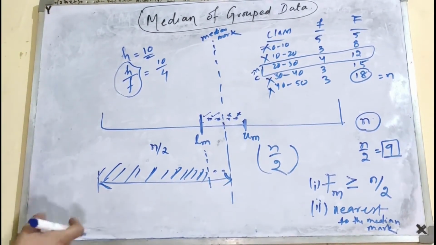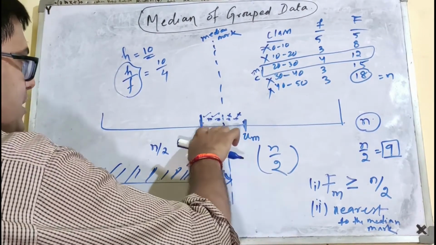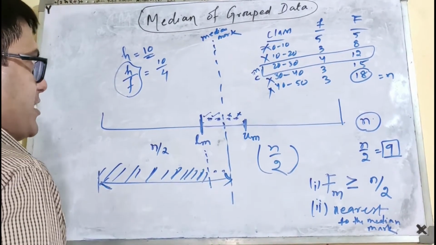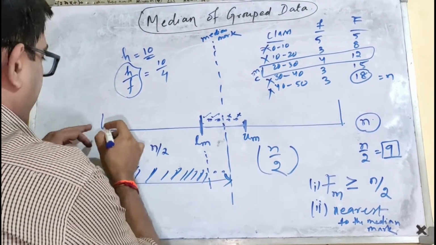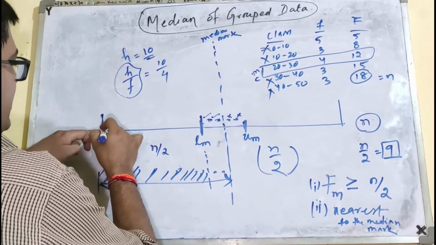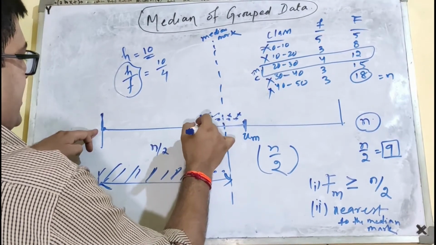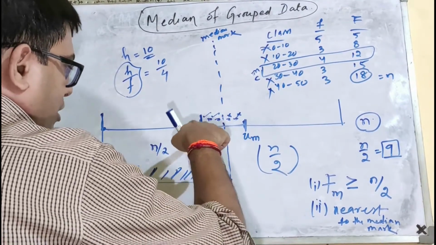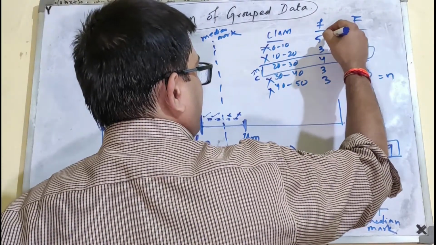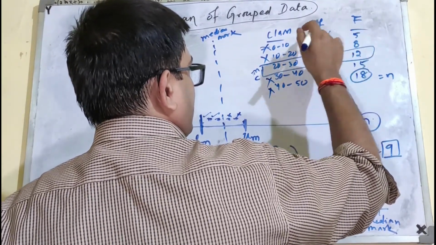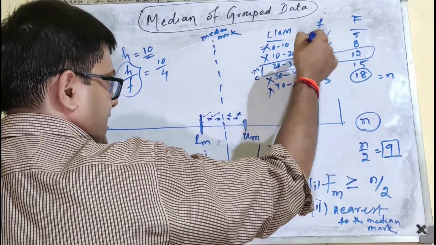But how do we know how much there is between the lower limit and the median mark? How do you do that? See, starting from here, if we count all the number of data points till the lower limit of the median class, that would essentially be 5 in the first class, and in the second class this is 3.